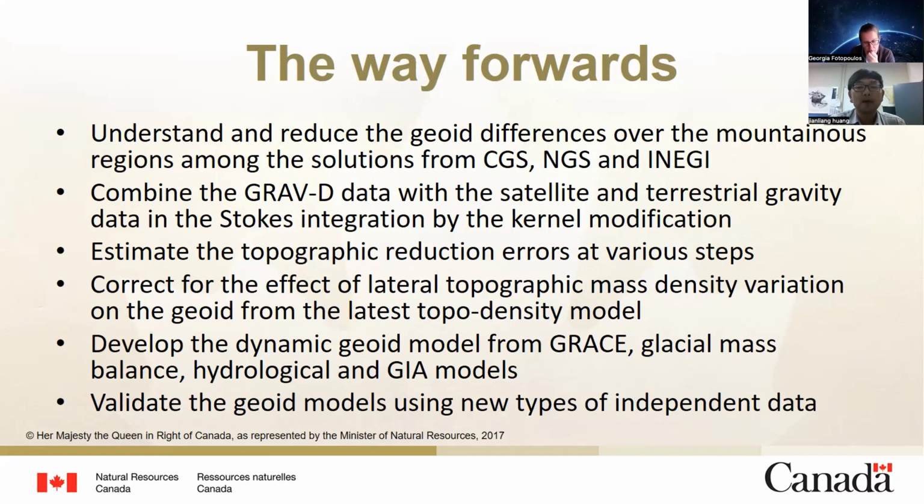Right now, gravity data is built into the EGM model. In the future, we will use it separately. And we need to estimate topographical reduction error at various steps. It is under discussion whether we need to correct for effects of lateral topographical mass density variation.